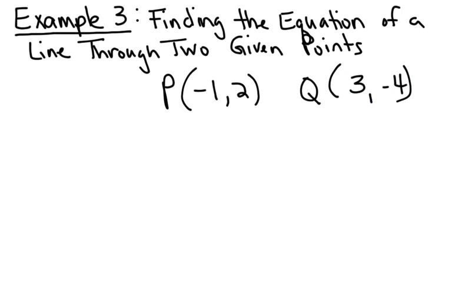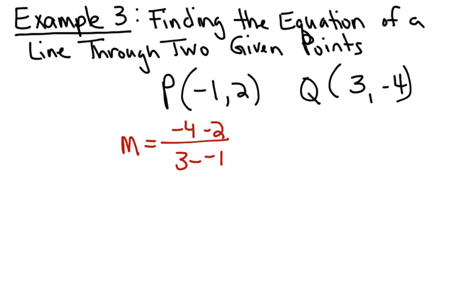Let's also do a problem where we find the equation of a line if I'm given 2 points that lie on the line. In order to write the equation of a line, whether you write it in slope-intercept form, point-slope form, or general form, if you're given 2 points, you need to find the slope of that line first. Remember, I said it doesn't matter what order you do your subtraction as long as you're consistent.